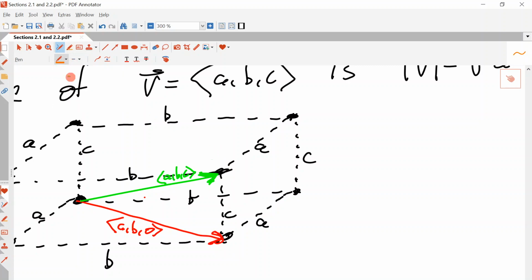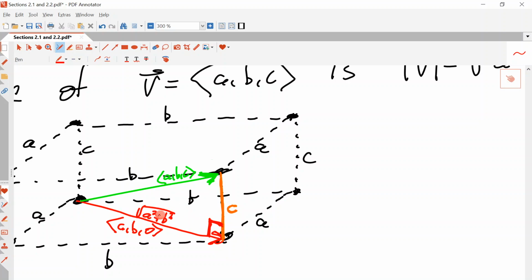And then this length right here in orange is just C. So this length is the square root of a squared plus b squared. This length right here is C, and of course these lines are perpendicular to each other.